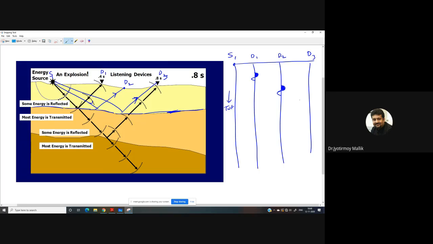And for D3, then again, like this. Similarly, for this reflector as well. It is deeper, so it will start eventually from a deeper place.